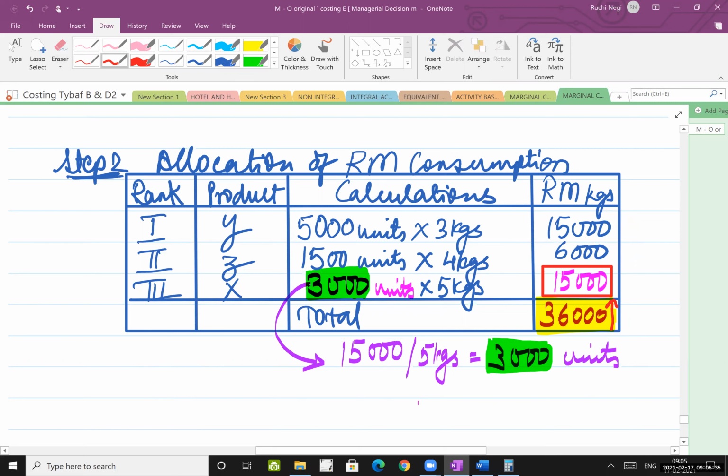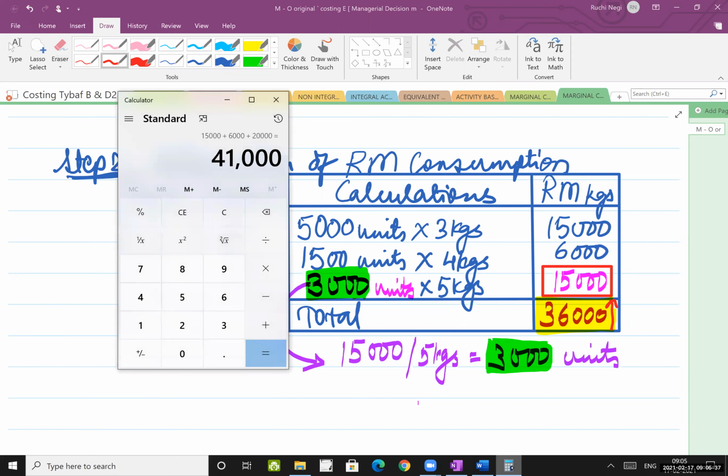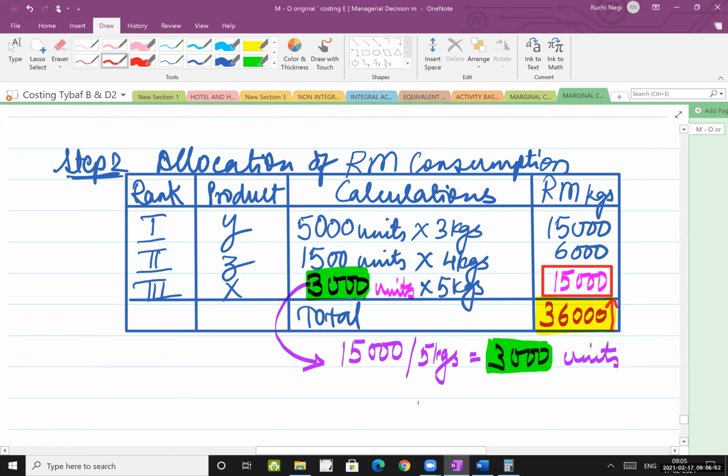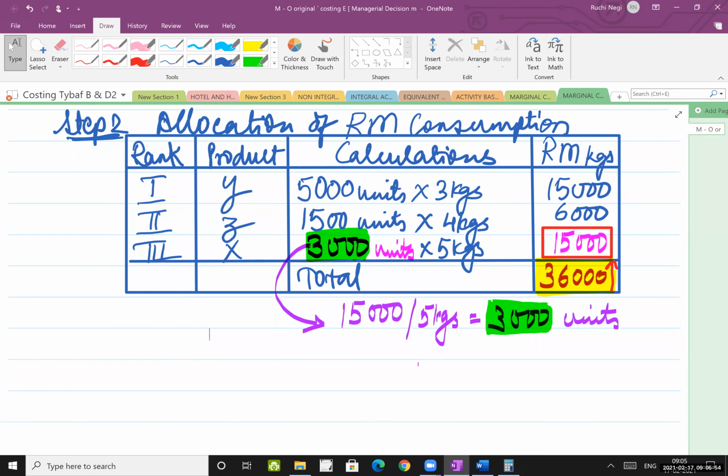So 36,000 is your limit of raw material, so 36,000 minus 15,000 minus 6,000, so 15,000 is left, divided by 5 kgs per unit, so 3,000 units of X I will prepare.